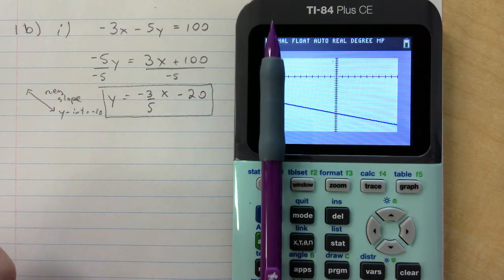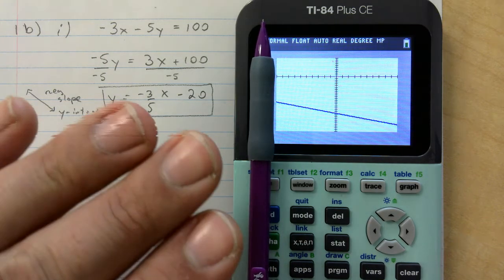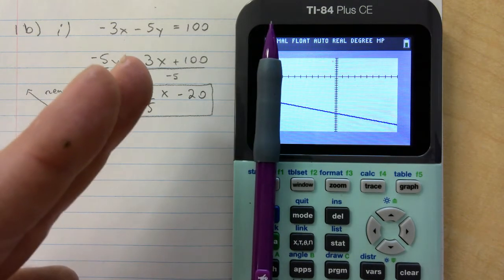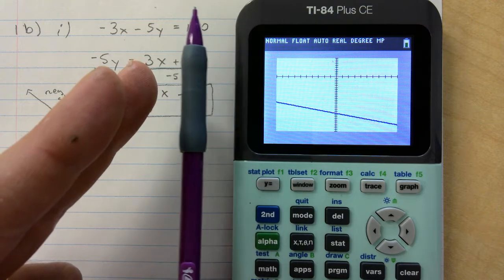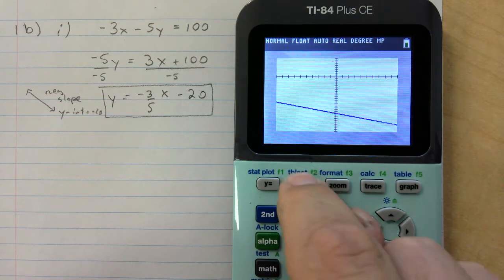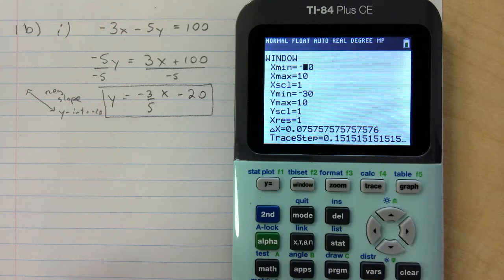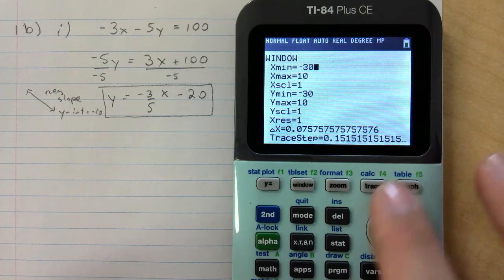We would have to change this limit, which is set by the x min, the lowest x value. You want to go further this way. So we're going to go to our window and change the x min. I jump the negative and just go straight to the number. I'm going to say -30 as well.